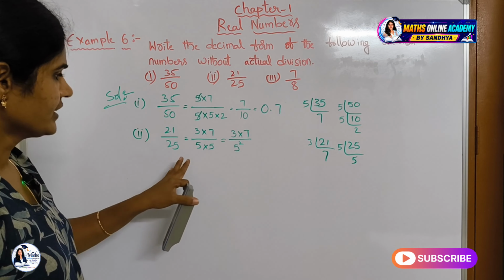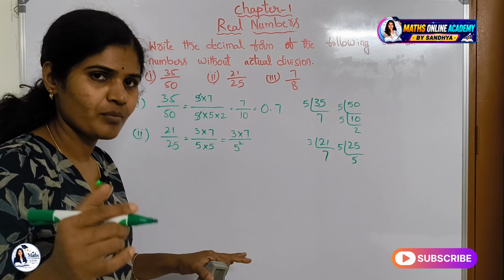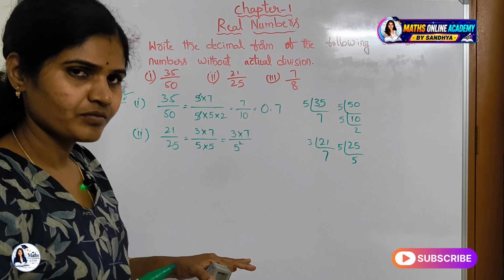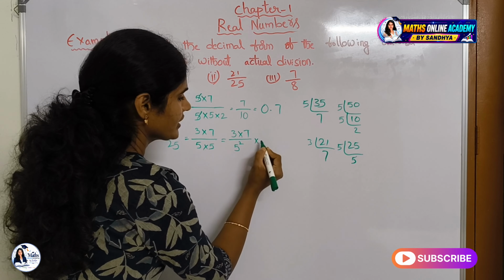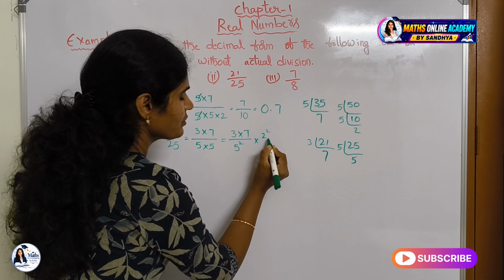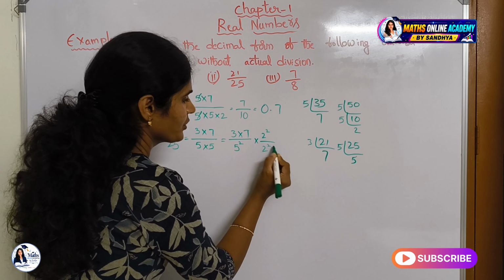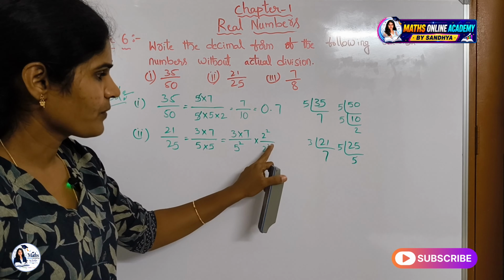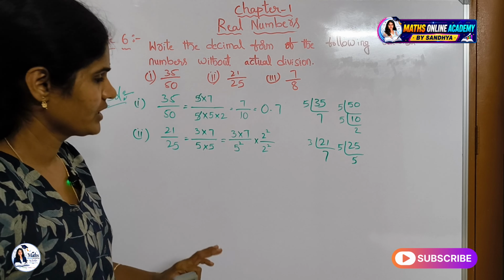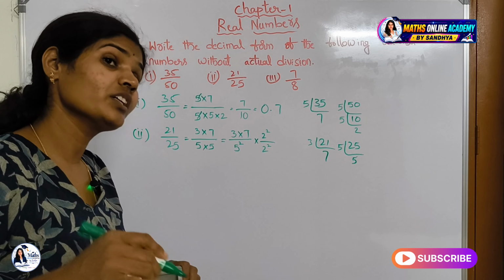For 5 square, the q form is in the form of 2 power n or 5 power n. So for this you multiply and divide with 2 power 2. Why we are using only 2 power 2?